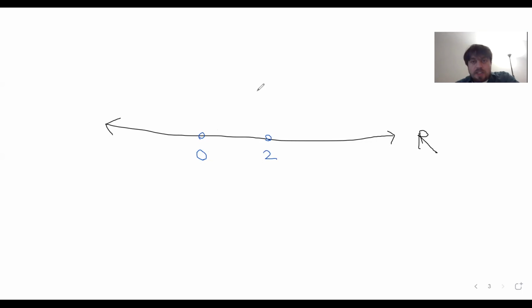Everywhere else, the function is 0. Red for 0, and I guess green for non-zero. Okay, so it's only non-zero here. These are little x values.